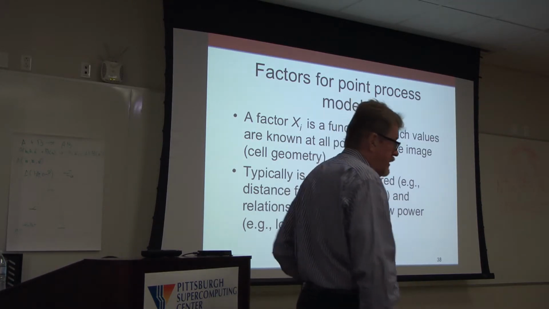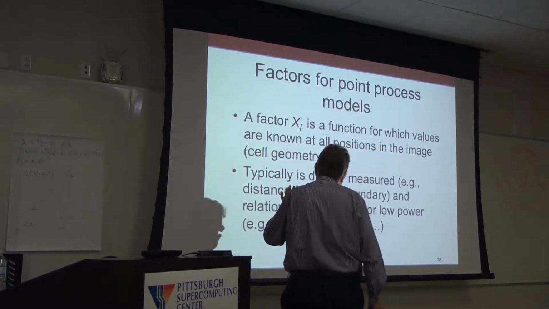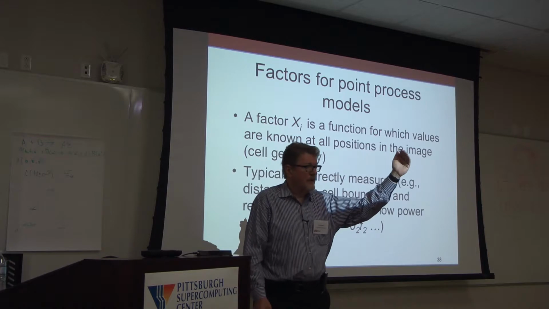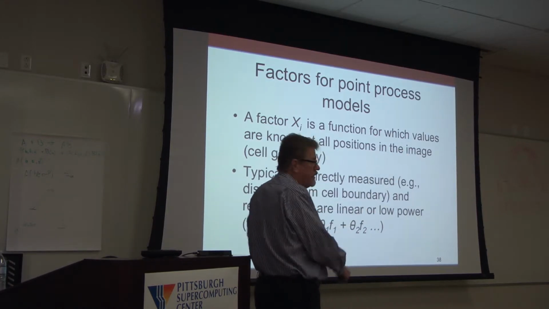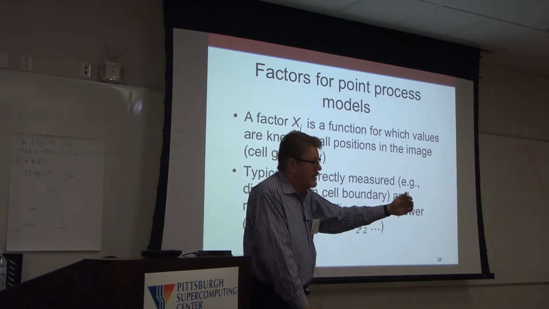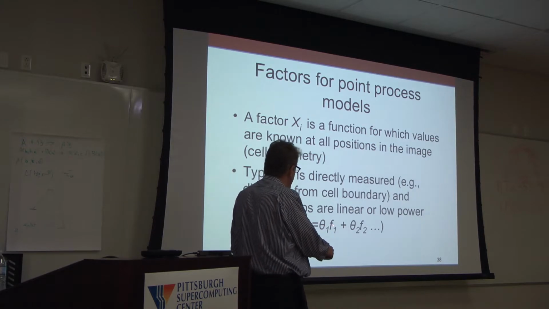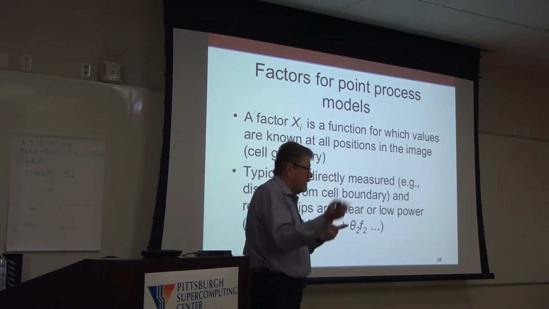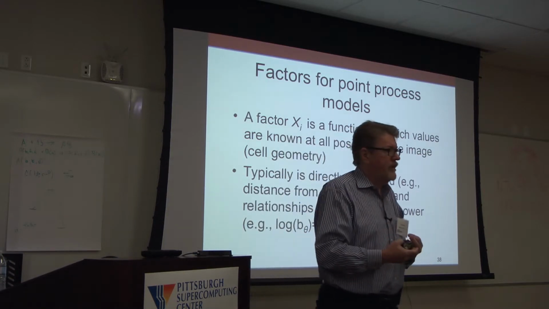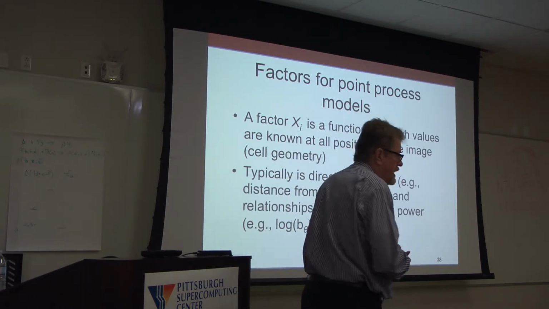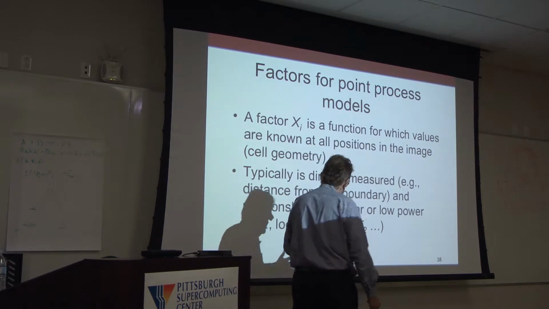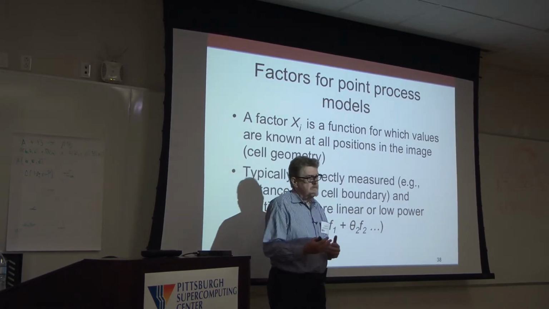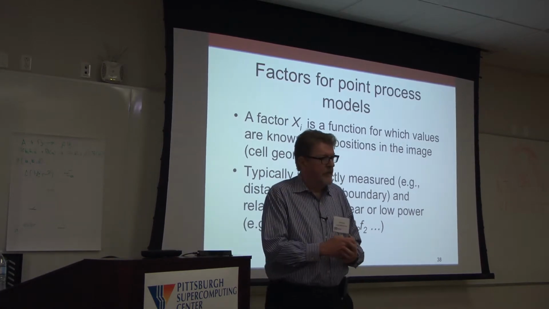So what this is going to say is, for example, if F1 is the distance to the cell membrane, and F2 is the distance to the nuclear membrane, then we have some weighting of the distance of one and some weighting of the other, and you put them together, and that gives you the probability that there is something there. Okay? So if it's something that's near the cell membrane, this weight's going to be big, this one's going to be small, and the other way around. Okay? Does that make sense?